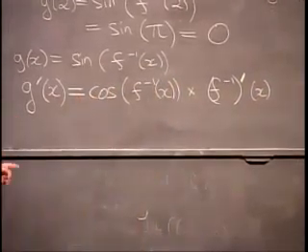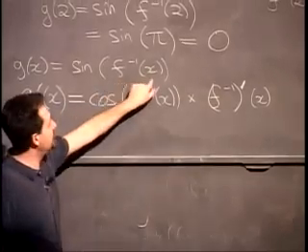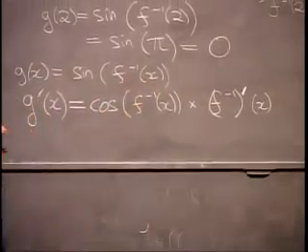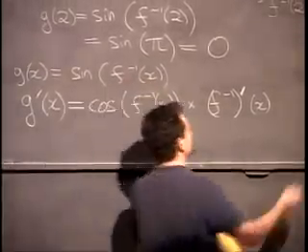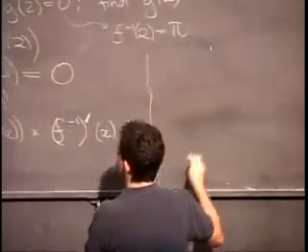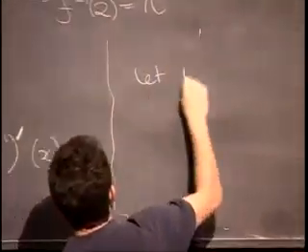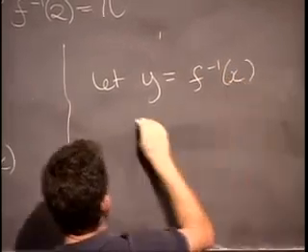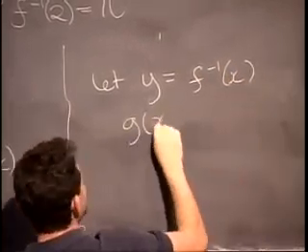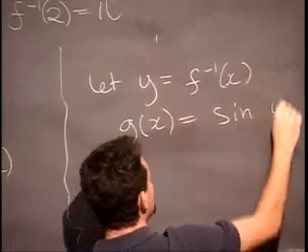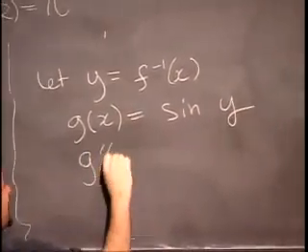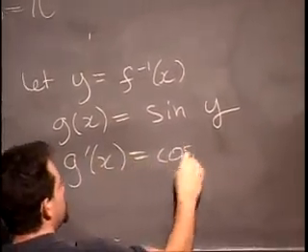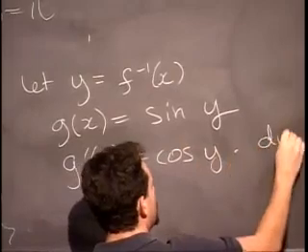If you prefer, you can let this be y. I'll show you. Actually, I think that computation is even easier. I can show it to you in parallel, and it doesn't matter. Let y equal f inverse of x. So g of x is actually equal to sine of y. So g prime of x is cosine of y dy dx.